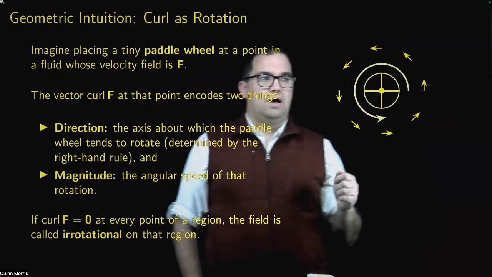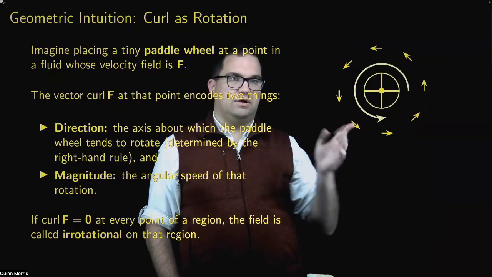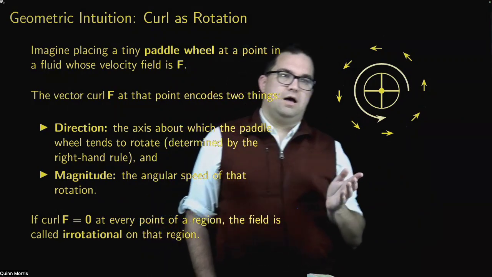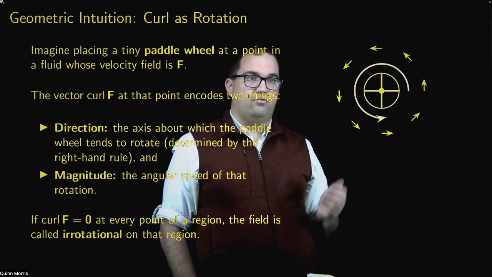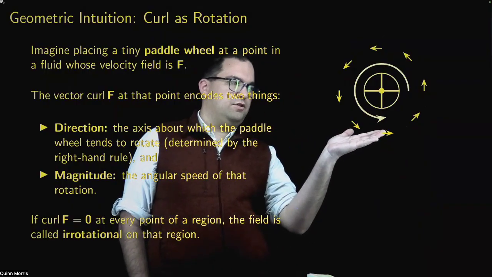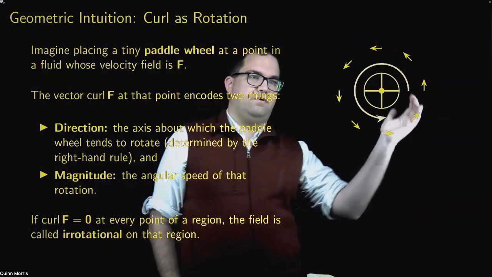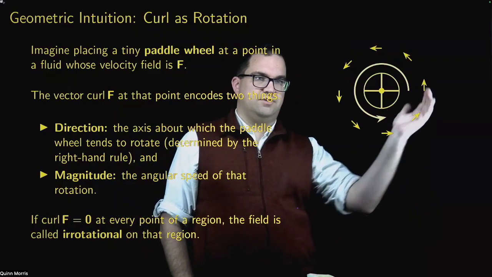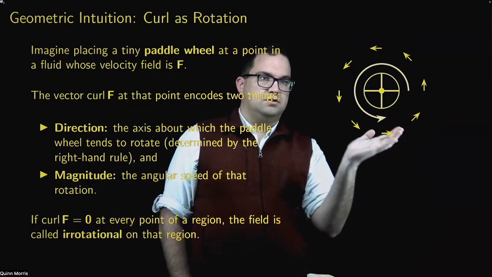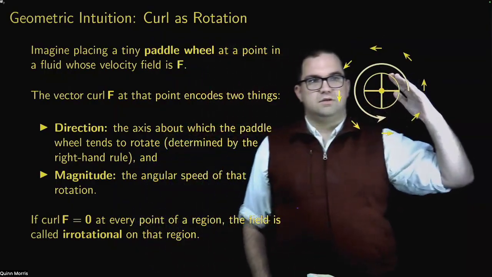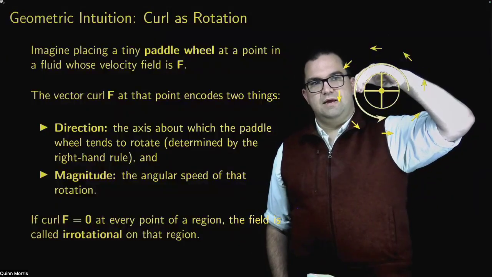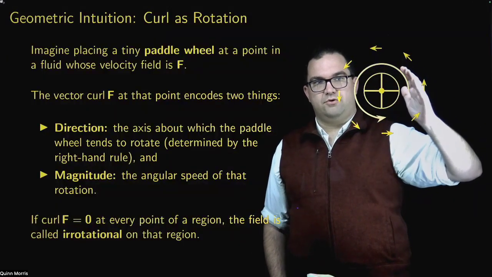Okay, so in this example that you're looking at here, it's rotating this way, and so what you do is you put your right hand in the direction the vector field is turning. So in this case, the paddle wheel is turning this way. So I put my hand in this way, and you have to use your right hand.